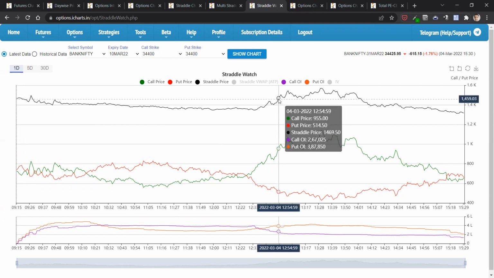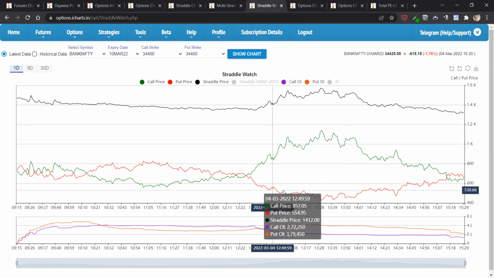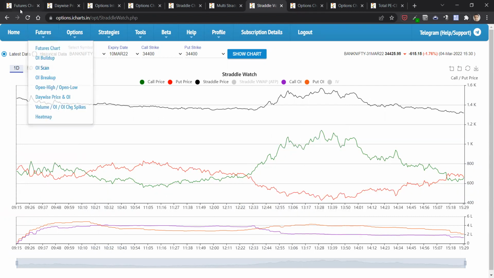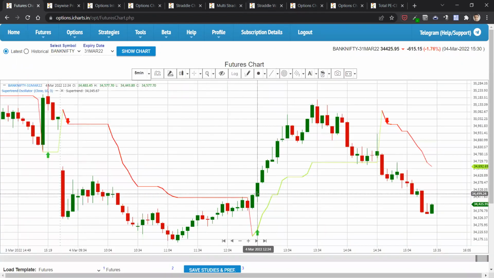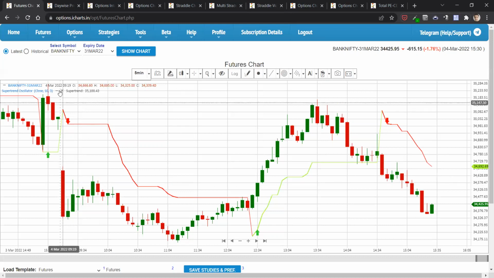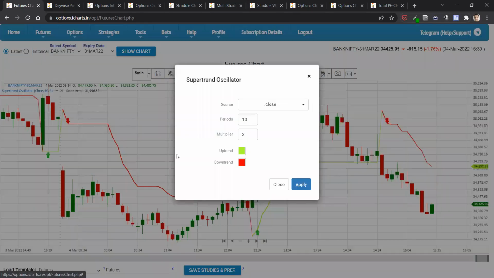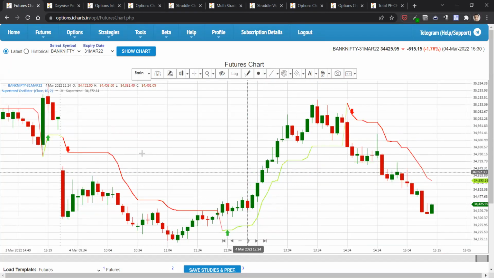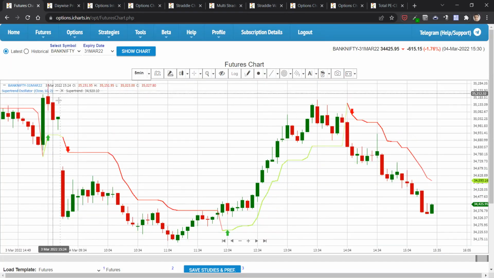Over here, you would exit the call side of it, and the put side you would keep holding. So over here you exit the call side and you keep holding the put side. And he says the setting here is 10-2. 10-2 is suggested by him.